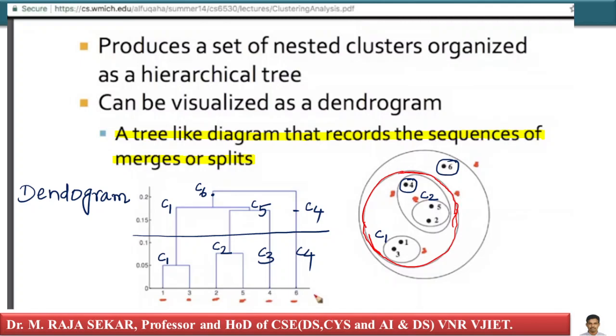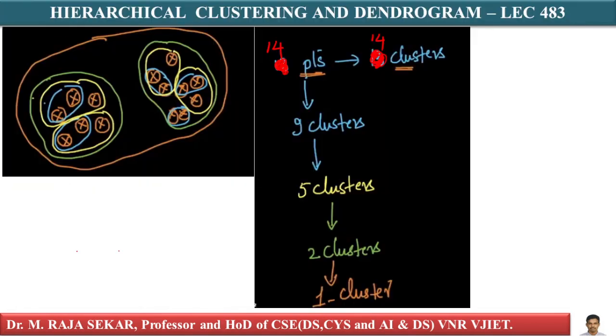One thing you notice from this structure is that when we do agglomerative or divisive clustering, we never mention the number of clusters. Once you build the hierarchy, if you want 5 clusters, you can just stop here.